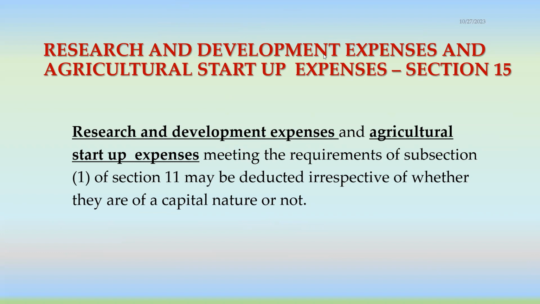Okay, then section 15, that is research and development expenses and agriculture expenses. If a company or a taxpayer, a person, incurs expenses in relation to research expenses or agricultural startup expenses, irrespective of whether they are of a capital nature, such expenses can be deducted when they are calculating their business income.